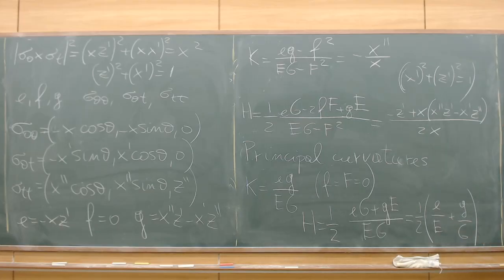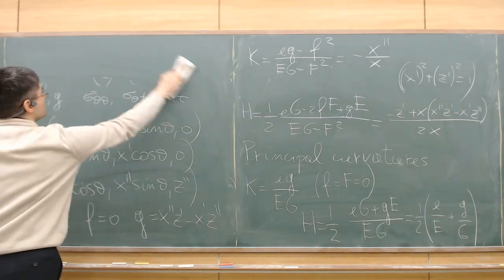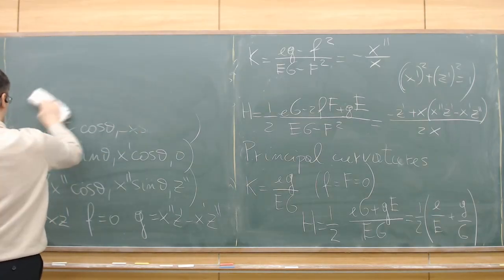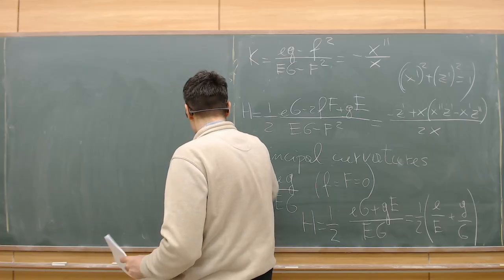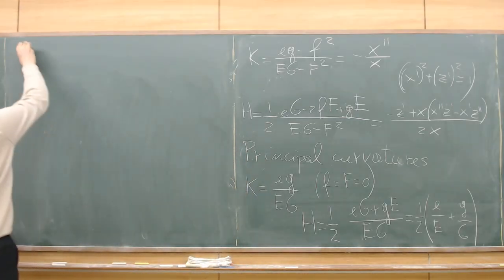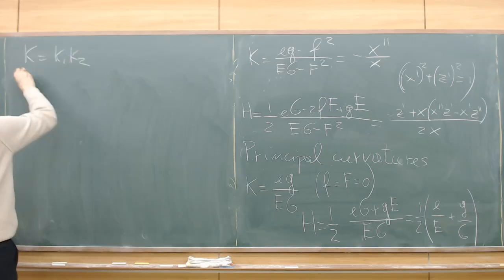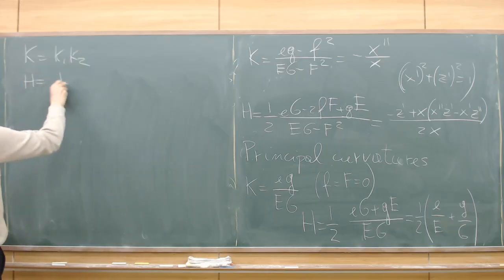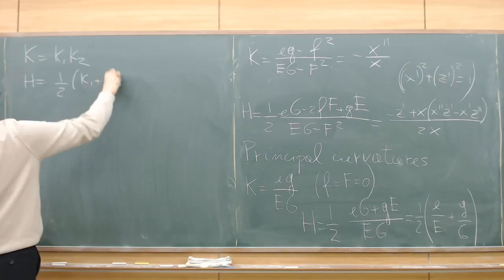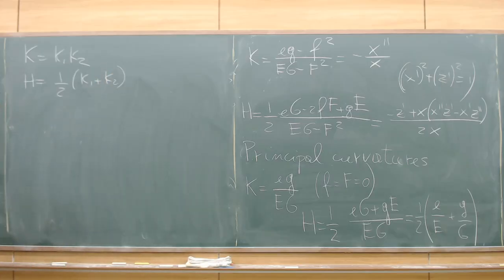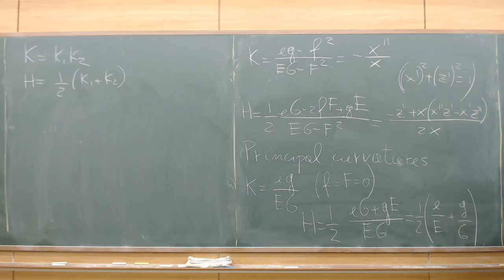Now, you know very well that K is k1 times k2, and H is 1/2 (k1 plus k2). So what are the values of k1 and k2? Simple.